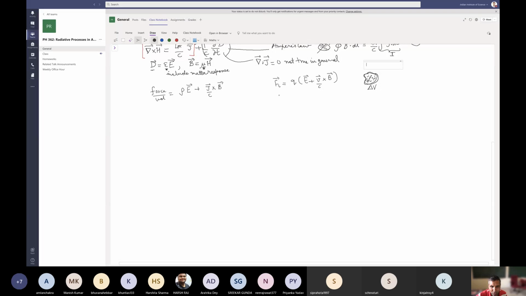So the force on this volume is nothing but the summation over all these Lorentz forces acting on these particles, which is the summation over i of Q_i times E_i plus V_i by c cross B_i.